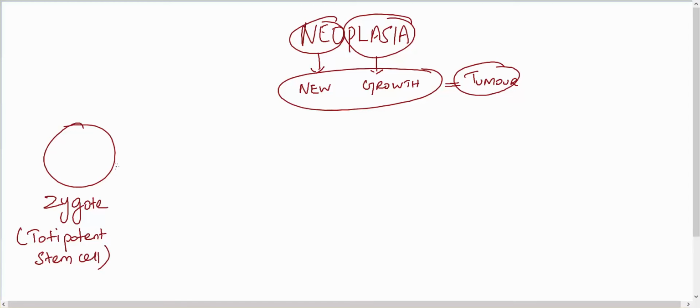So from the zygote we have three germ layers. One is ectoderm, mesoderm and endoderm.